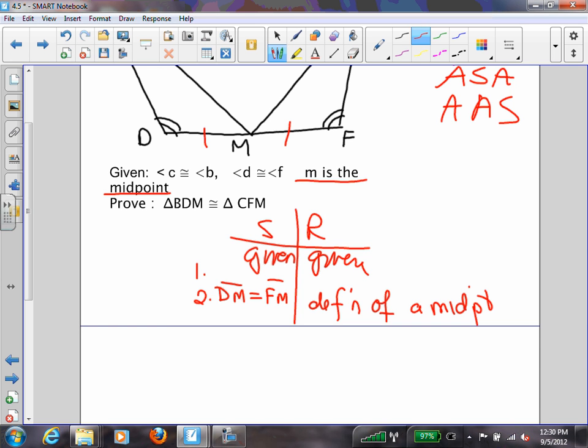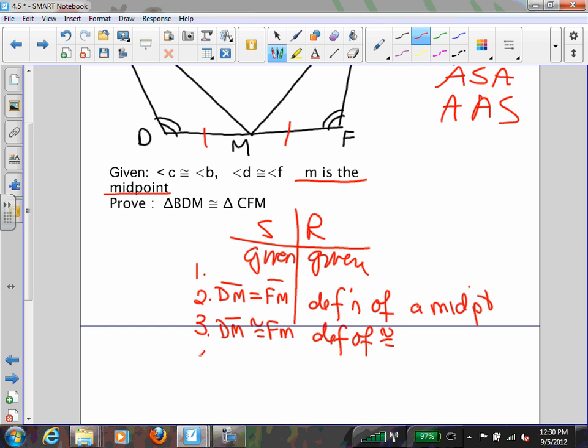And because they're equal in length, remember we're always looking for three congruency statements, correct? So that leads us to say that those are congruent. Would you agree? So DM is congruent to FM by definition of congruence.